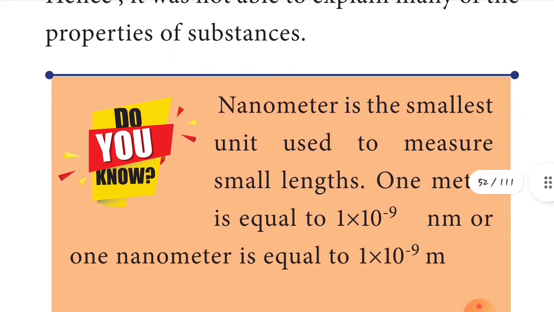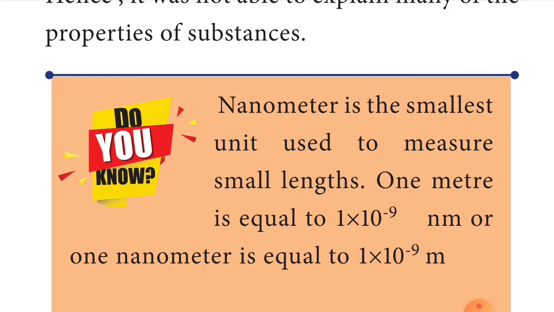And do you know, children, the nanometer? How many of you know this term, children? You already learned it in the 6th standard. Nanometer, 10 power minus 9 meter, the smallest unit used to measure small lengths. 1 nanometer is equal to 1 into 10 power minus 9 meter.